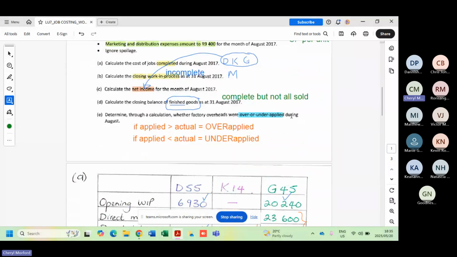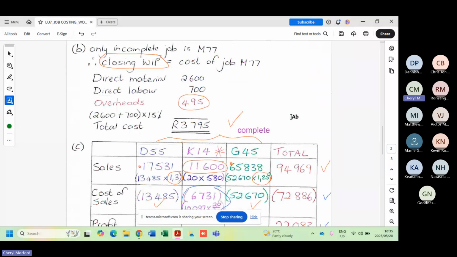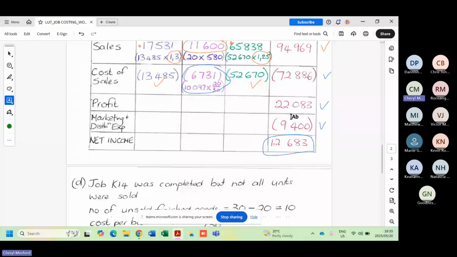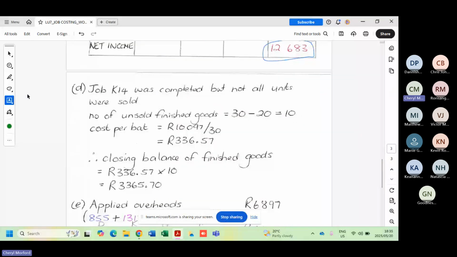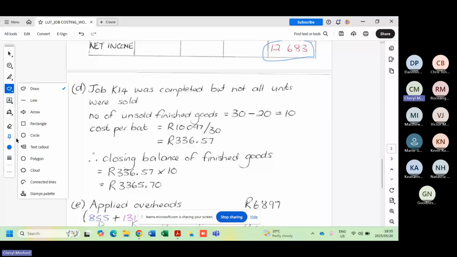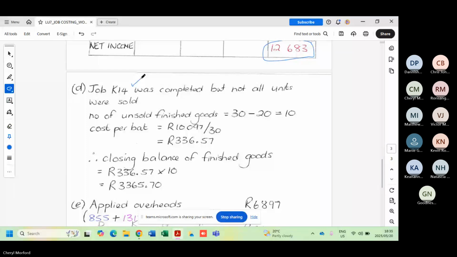Right, so how are we going to do that? This is my take on it. I always like to simplify and like to write some basic notes. So we identify the job. The number of the unsold is the 10. Now we need to transform the 10 into a cost.